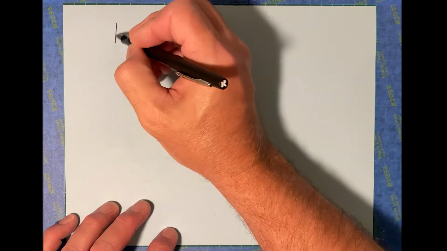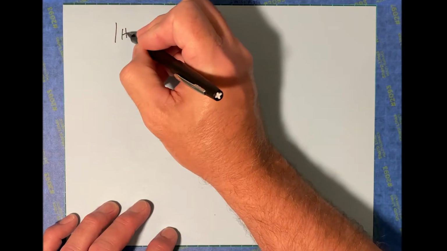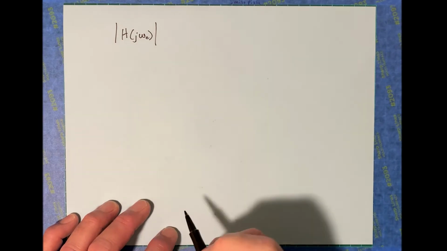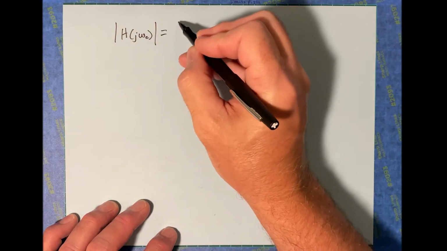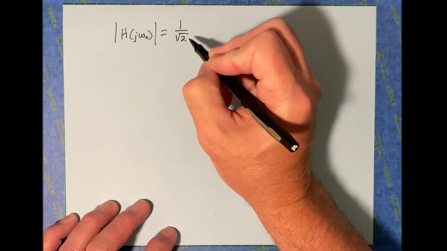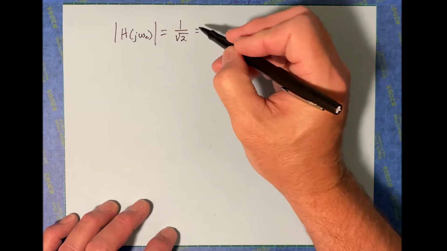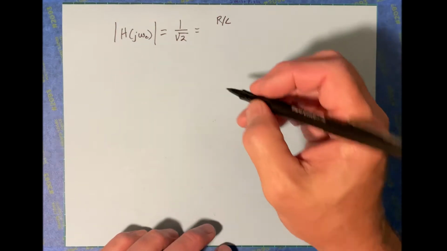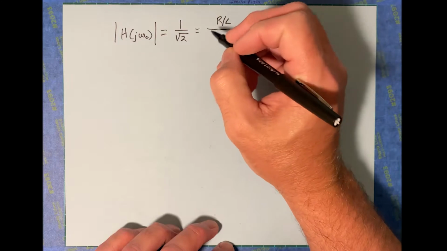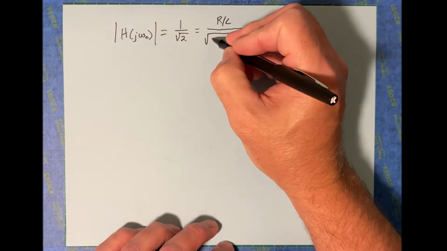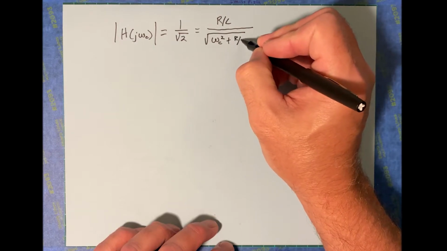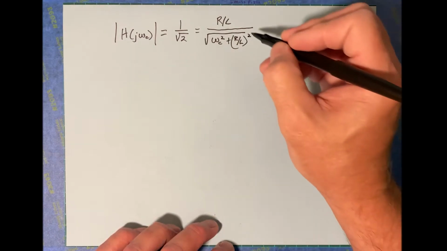So let's do that. I want the magnitude of H at j omega c, and we know that that's equal to 1 over the square root of 2, and that occurs at R over L divided by the square root of omega sub c squared plus (R over L) squared.